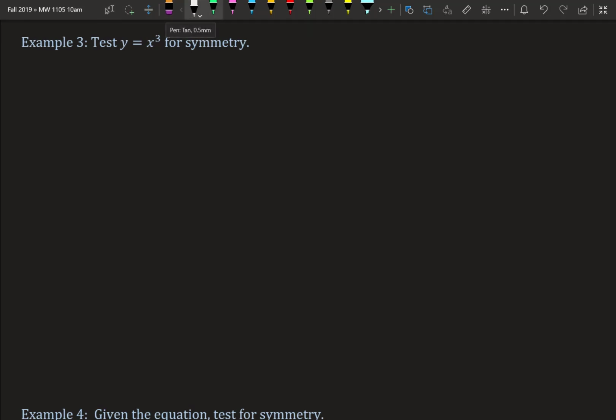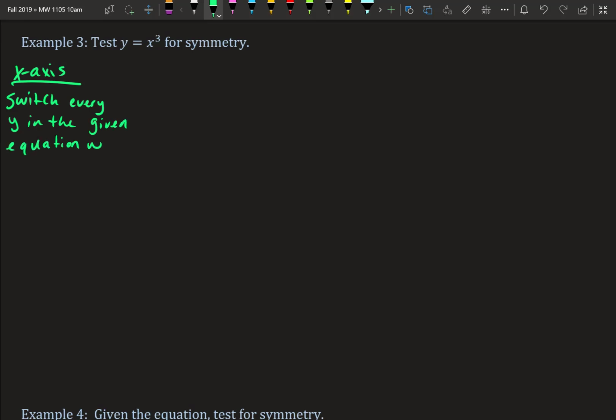The first one we get to test is x-axis. So the opposite of x is y. That means you're going to switch every y in the given equation to -y.